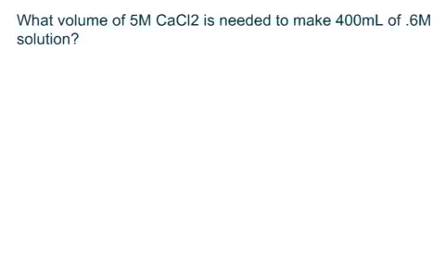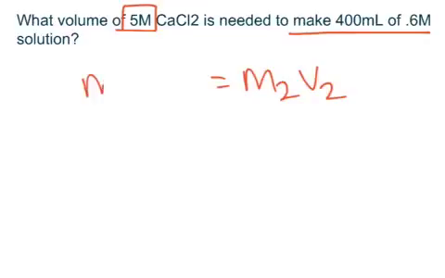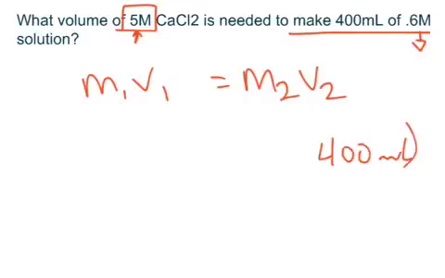Okay, similar question, different numbers. So what volume? Here's our starting concentration. The reason I know that's starting is, one, this says we're making this, so that implies that this is the M2V2, and this is M1V1. The other reason is because I know I always start with a higher M and end with a lower M. So we're going to end up with 400 milliliters, and we want it to be 0.6.